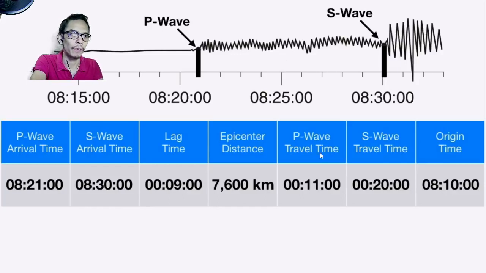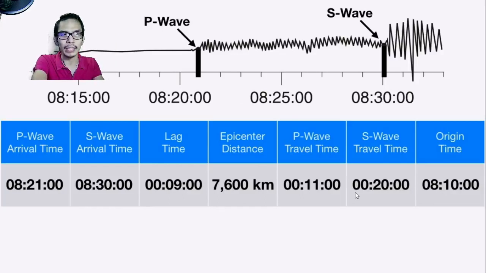Okay, so we have the P-wave arrival time at 8:21. We have the S-wave arrival time at 8:30. We have the lag time at 9 minutes. And the epicenter distance that we got from this reading is 7,600 kilometers.